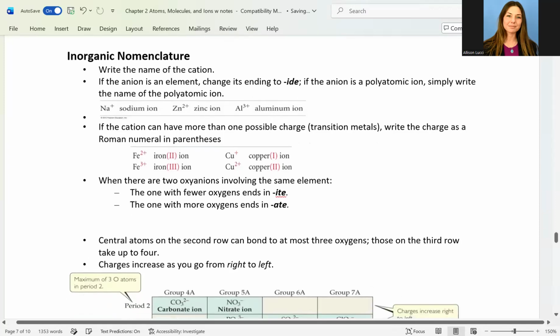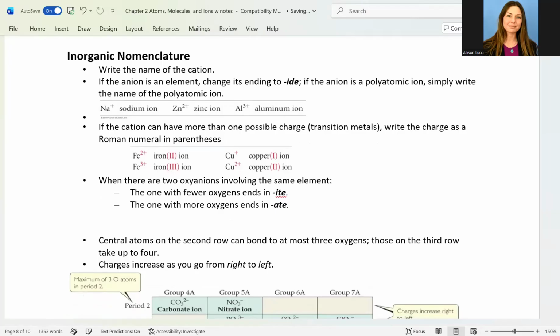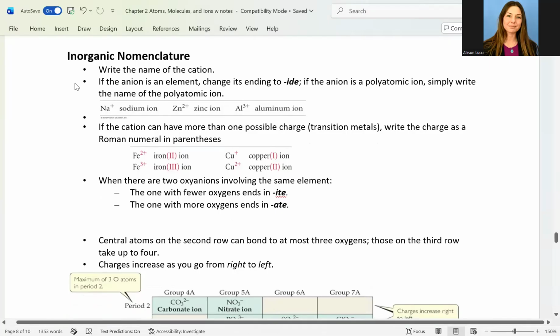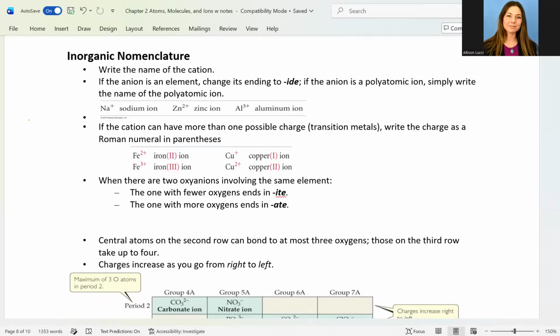So let's talk about what's referred to as inorganic nomenclature. These are all the compounds that are either molecular compounds, so all nonmetals, or ionic. In this case, we're going to begin with inorganic nomenclature for ionic compounds. In naming, we always write the full name of the cation.